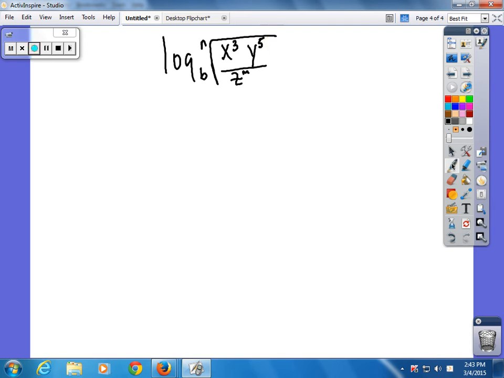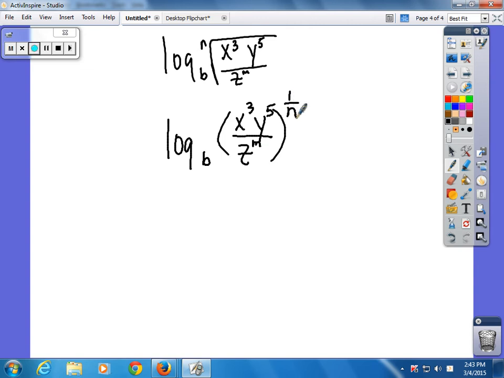And that's why I'm trying to show you the radical, you rewrite it first. So this would be log base b parentheses x cubed y to the 5th z to the m raised to the what? 1 over n.